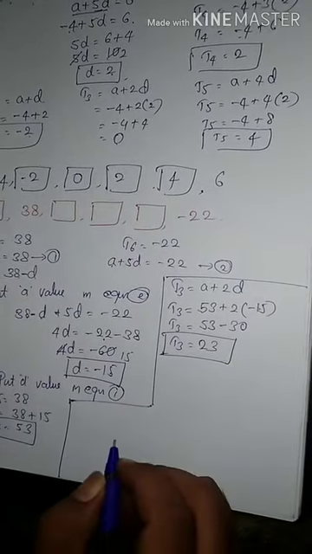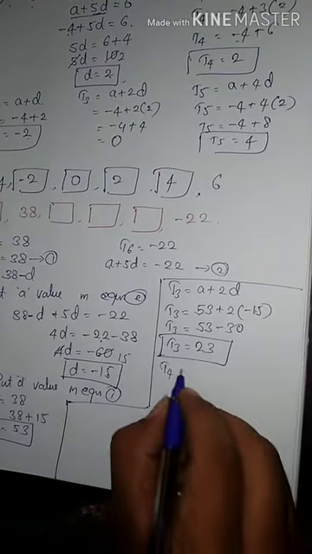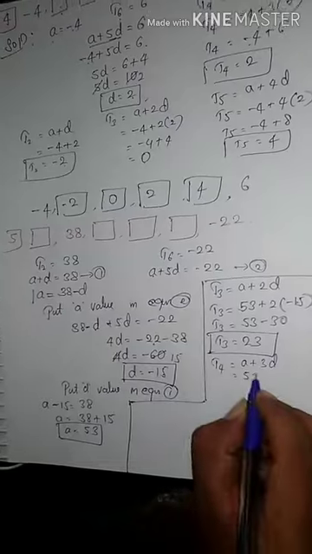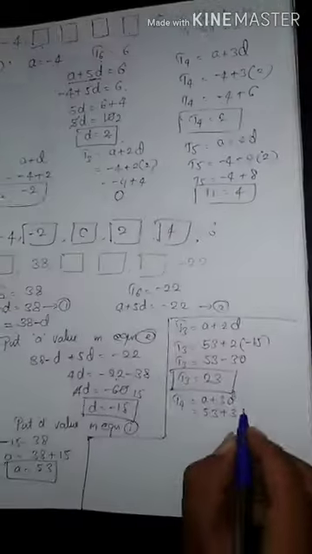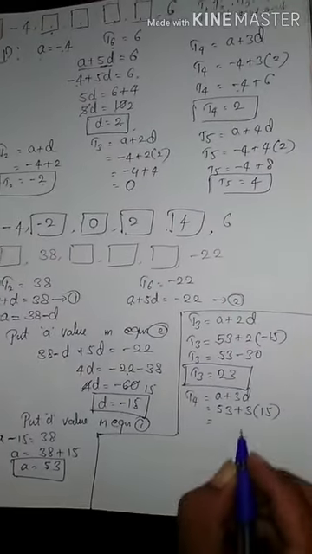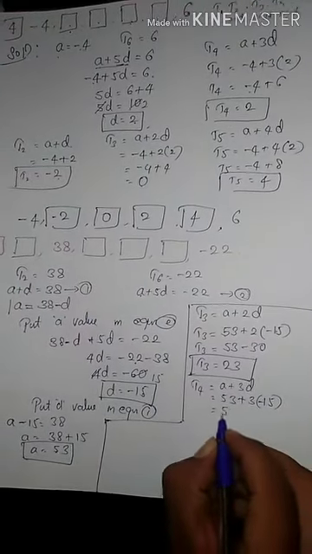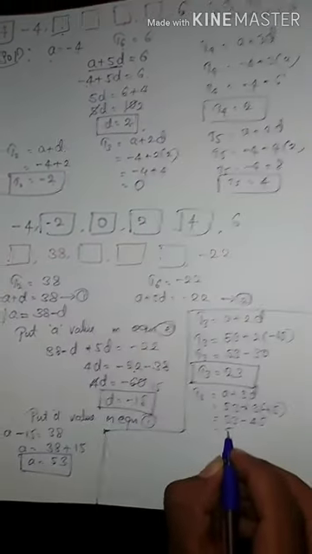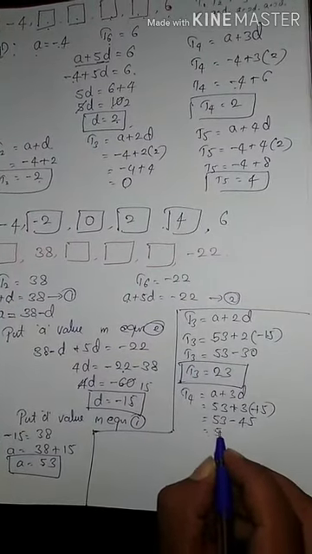So the third term is 23 and fourth term T4 is equal to A plus 3D. So A value is 53 plus 3 into D value is minus 15. 53 minus 45 is 8.